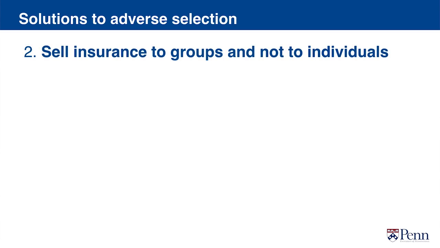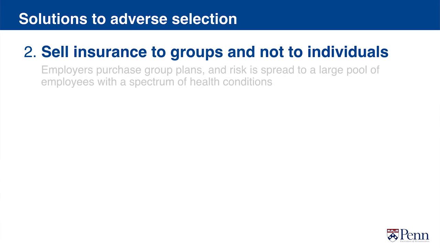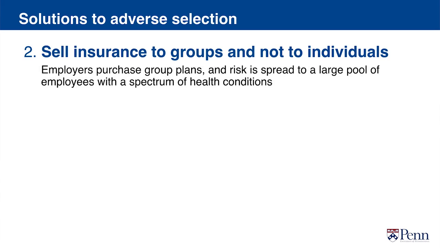The second solution is to offer group insurance, mainly through employers. Instead of having people purchase insurance directly, their employers purchase it on their behalf as a part of a group plan. In this case, the insurance company is selling insurance to a large pool of employees, which represents a spectrum of health conditions.